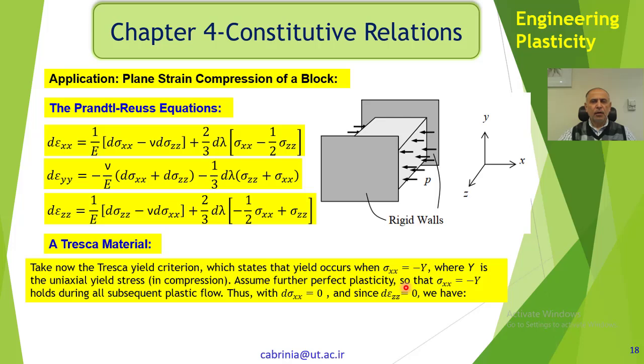It means that once we reach the yield point, then the stress does not increase anymore, and the material deforms accordingly. So if we assume that, then sigma xx is equal to minus Y holds during all subsequent plastic flow. Thus, with d sigma xx equal to 0 and epsilon zz equal to 0, we could use this equation to solve the problem for the plastic analysis.